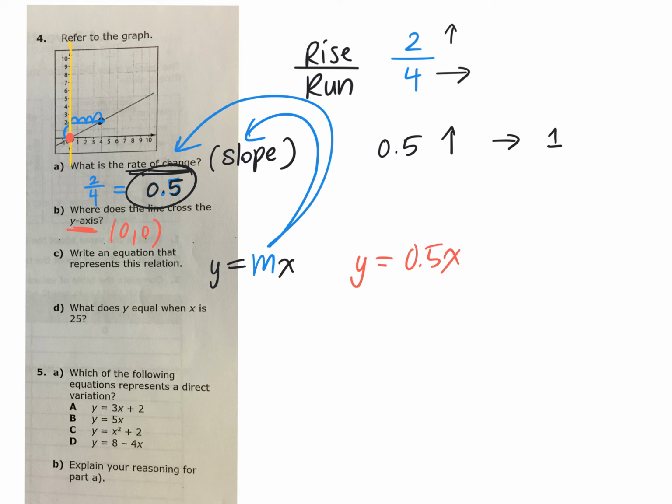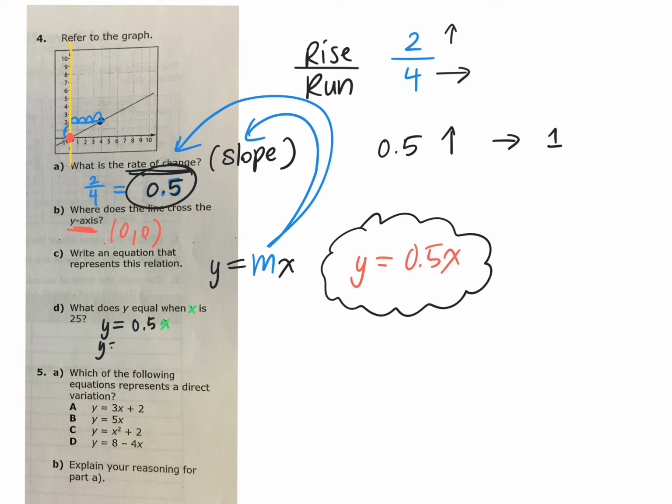Okay, so now that you have the equation, let's answer D. Okay, so we know the equation is y equals 0.5x. Now they're saying if x is 25, how would I calculate y?